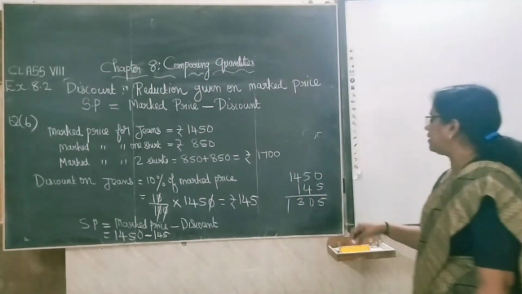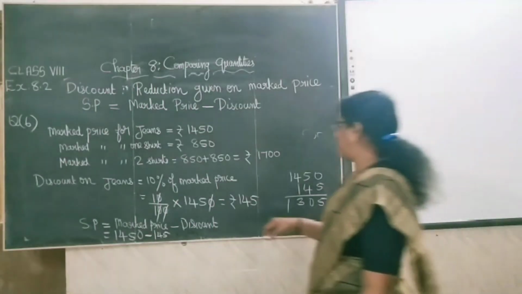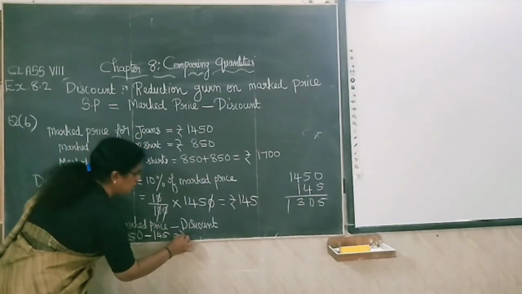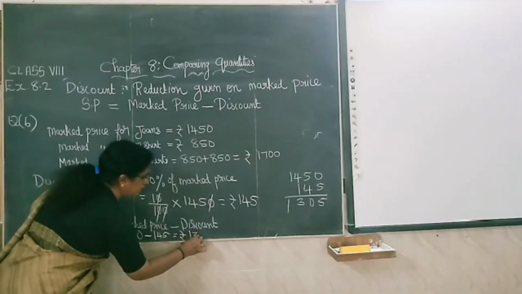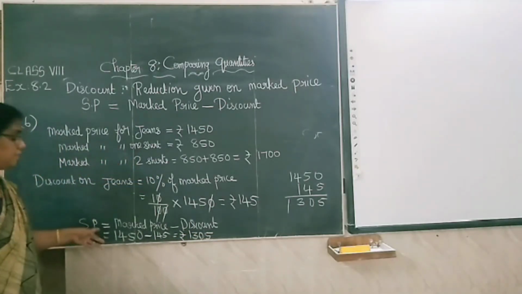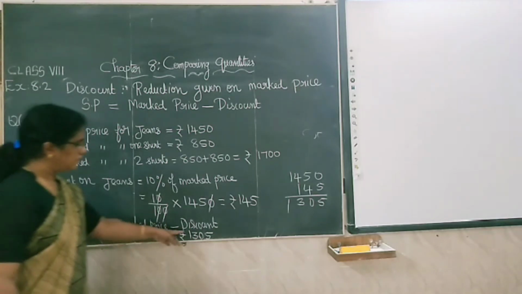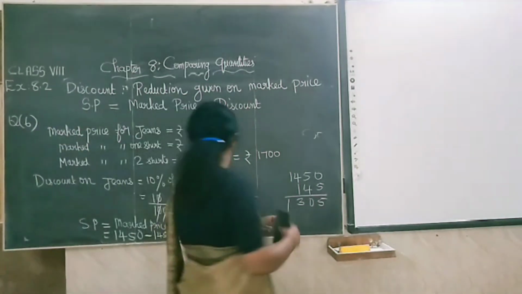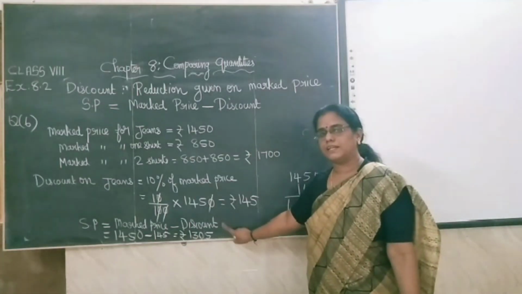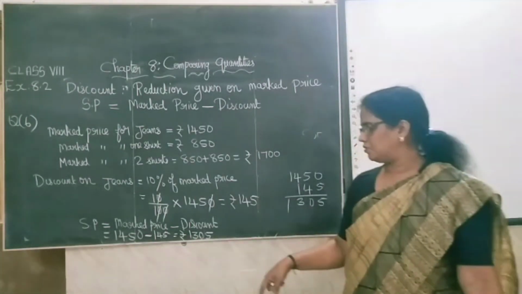That is 1,305. So amount is 1,305. That is the price we will sell for, 1,305. We will sell the jeans for this amount. That is his selling price now, since there is discount.